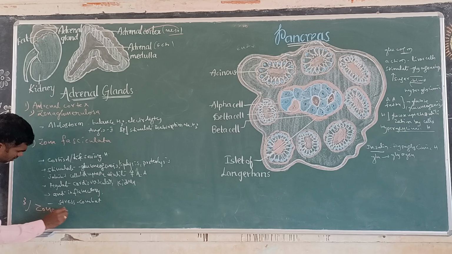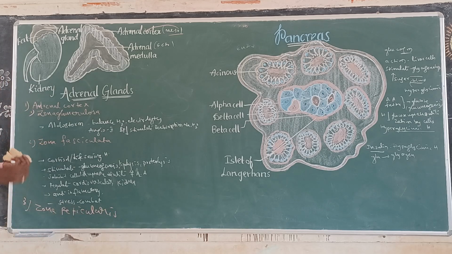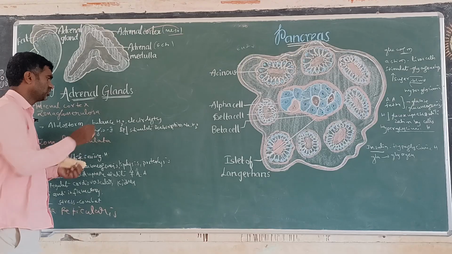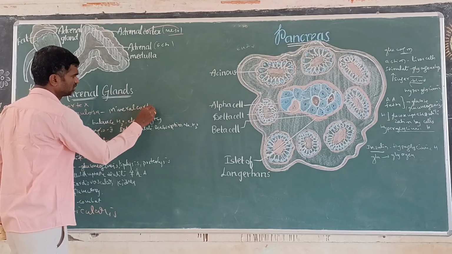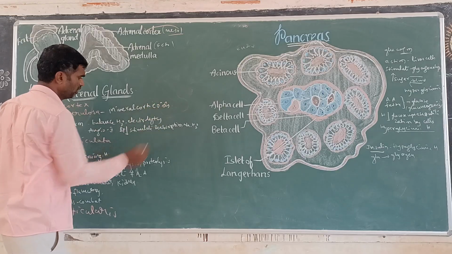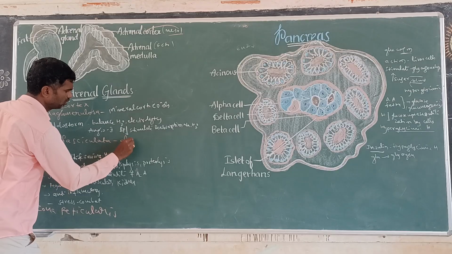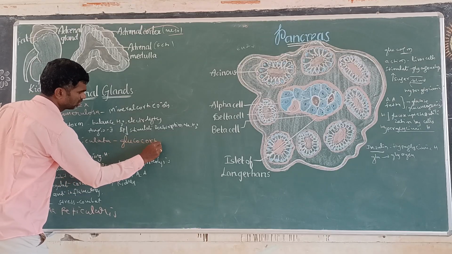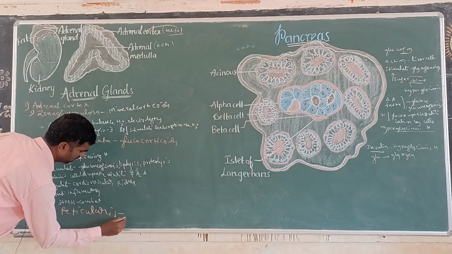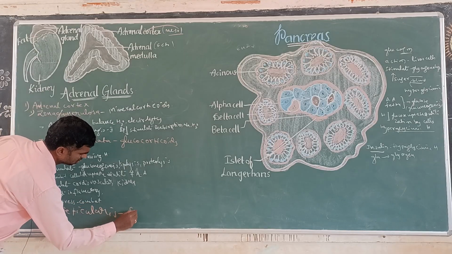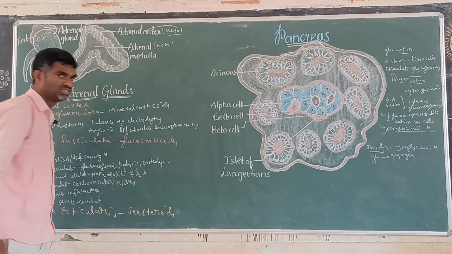Zona glomerulosa secretes mineralocorticoids, zona fasciculata secretes glucocorticoids, and zona reticularis secretes sex steroid hormones.